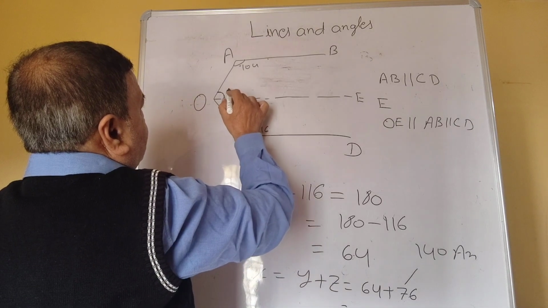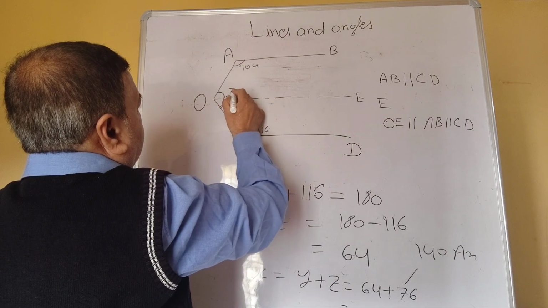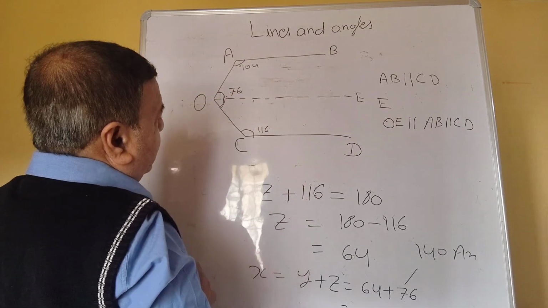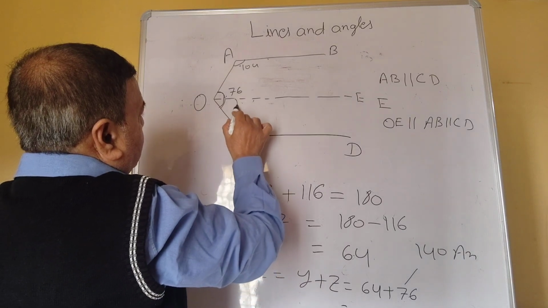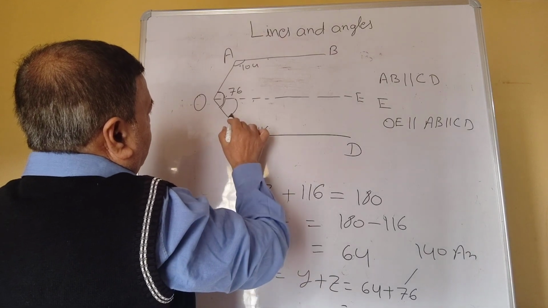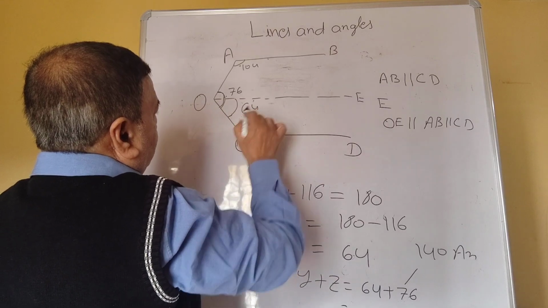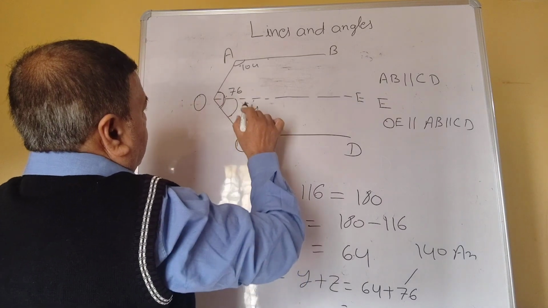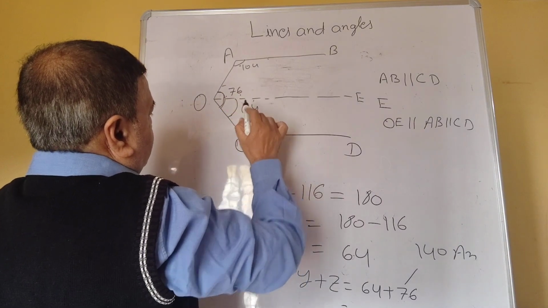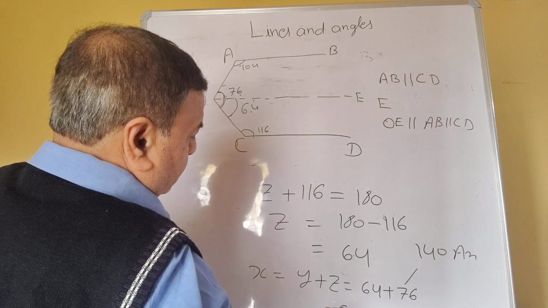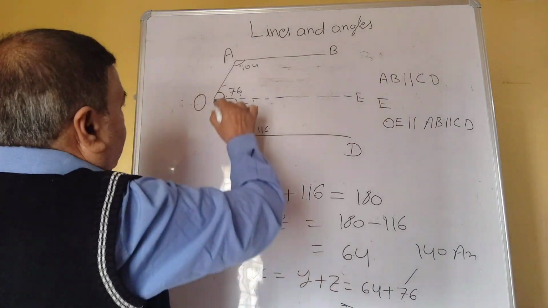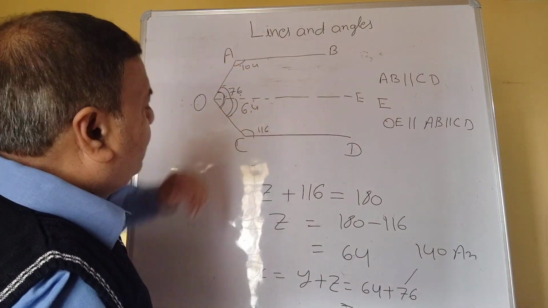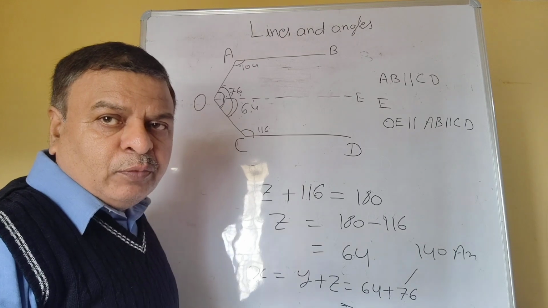So this becomes 76, because 104 and 76 becomes 180. Now this is 116, so this becomes 64. 10 plus 70 is 80, yes, 64. So this whole becomes 76 plus 64, that is 140. So my angle will be 140. We draw a parallel line and make it happen. Very simple. I hope you understood this.